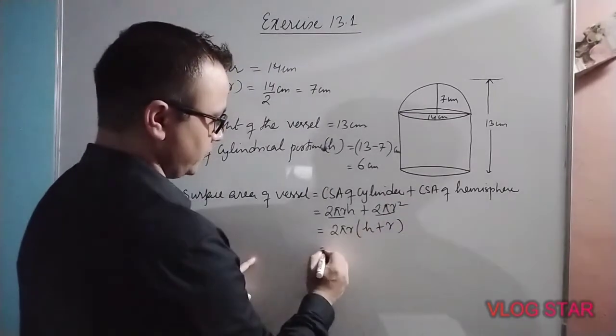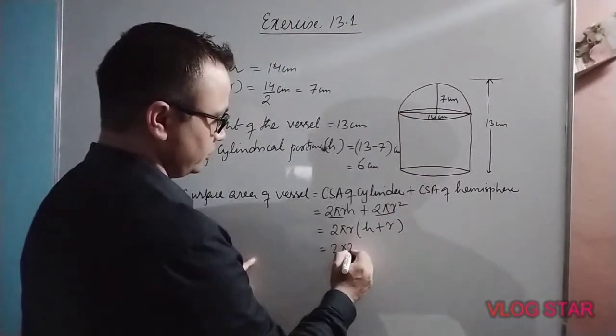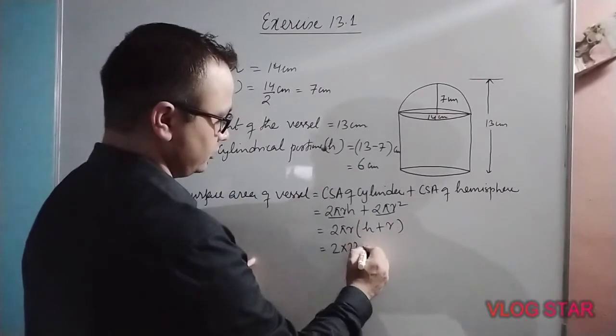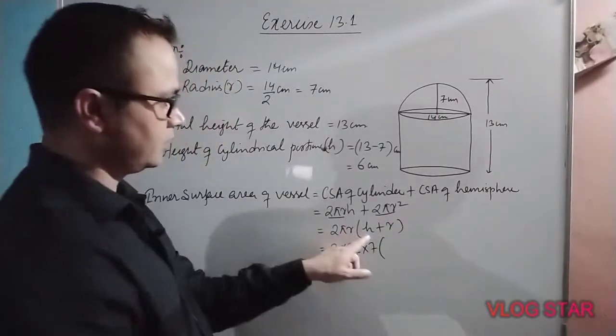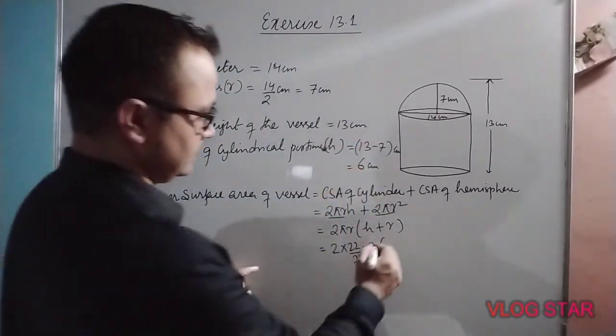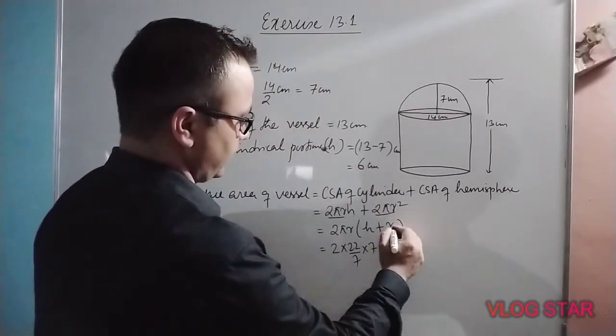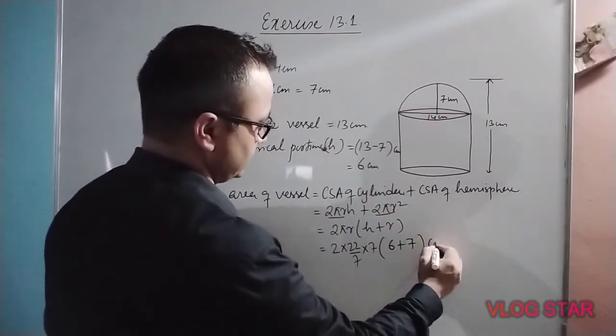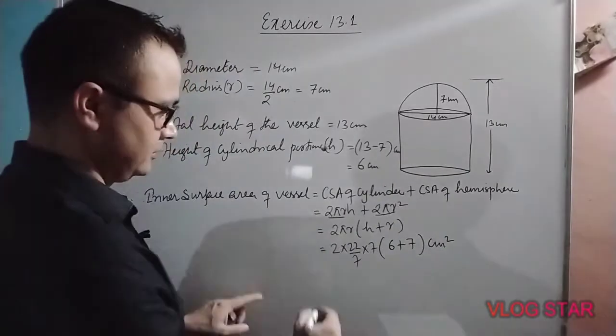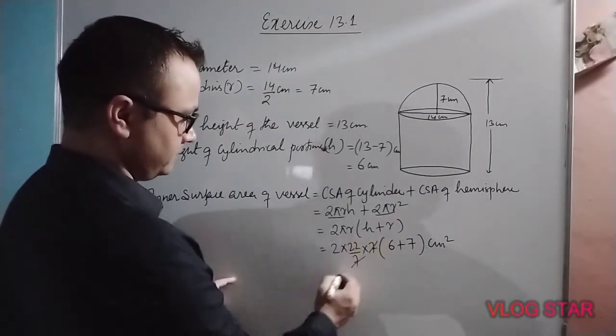Now we put the values: 2 into 22/7 into radius 7, into H which is 6 plus R which is 7, in centimeter square. We can cancel 7 and 7.